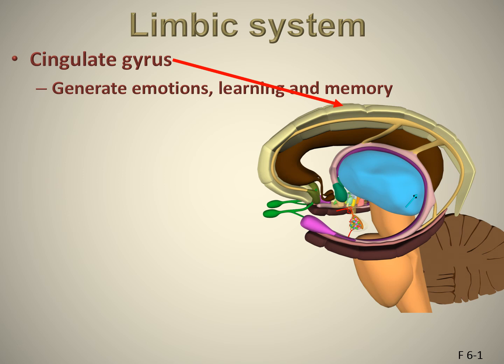Thus, this area is highly involved in several aspects of animal behavior. It is also involved, in conjunction with the brainstem, in respiratory control.